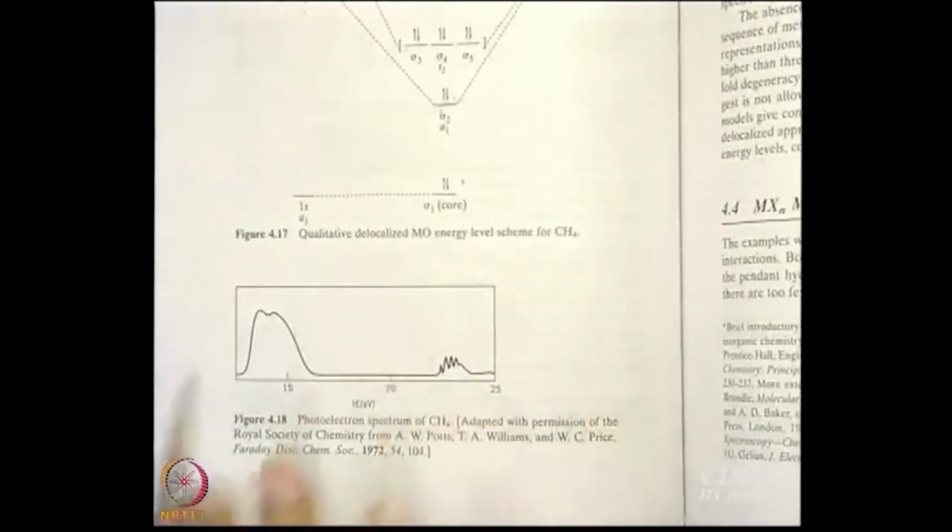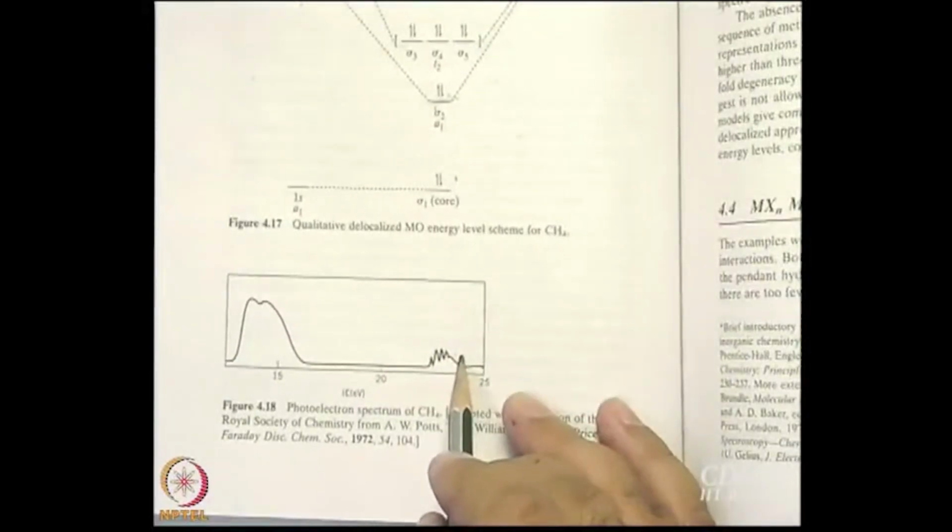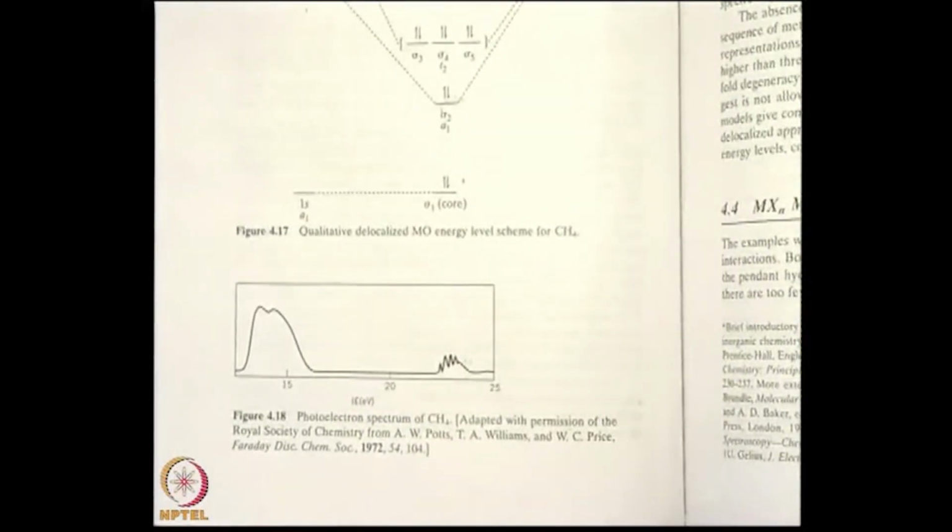To conclude, what we see is this picture that we develop of delocalized MOs using symmetry seems to be giving us some correct result. Just one point, you see this structure here, what does that stand for? That is basically vibronic structure. There is a bound state, isn't it?